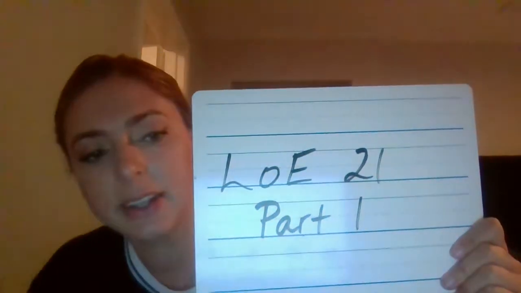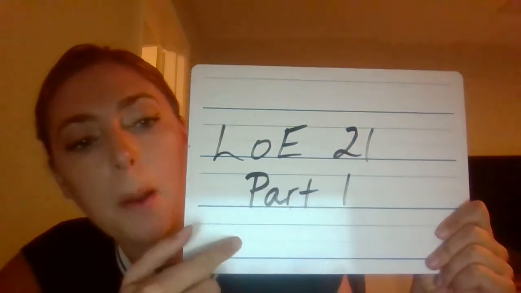It is September 22nd, and I am here with you to get started on our language and literacy lesson for today. As always, please grab your CJs. We are going to write what we will be doing today. It is LoE 21, Part 1.